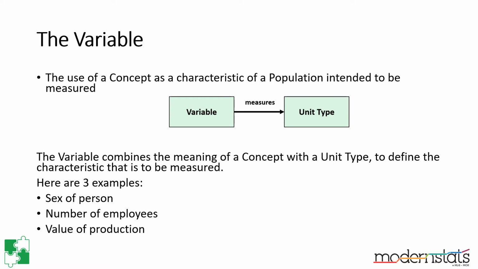Other examples of variables are age of person, color of vehicles. A concept can be used for different unit types. You could use the concept age for persons, horses, dogs, or something else. And every time you connect a concept to a unit type, it becomes a variable.